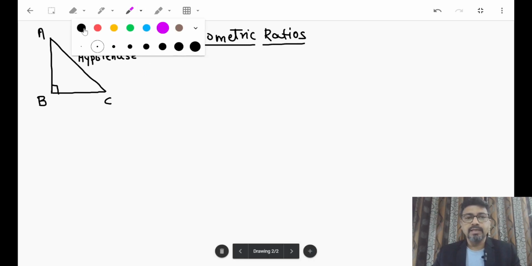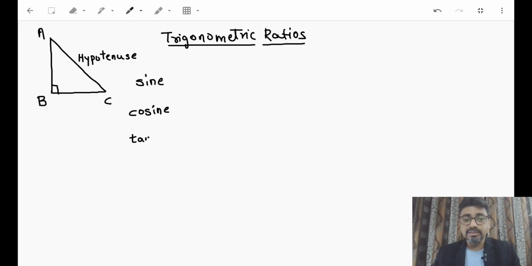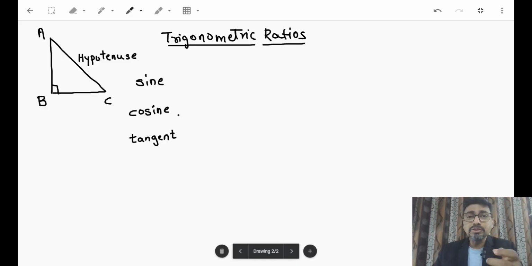The first one is called sine. The next one is called cosine. And the next one is called tangent.